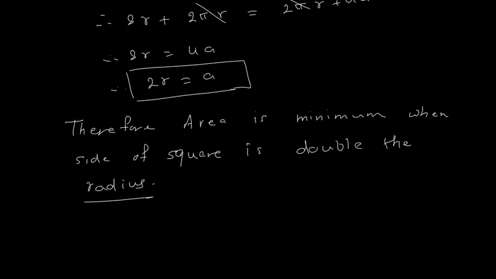So therefore area is minimum when the side of a square is double the radius. So when a is 2r, I have minimum area, right?